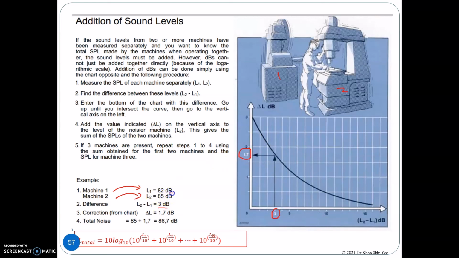Therefore, you take the largest value plus the 1.7, which gives you the total noise produced by machine 1 and 2, equal to 86.7 dB. If you use this formula to compute the summation of the sound pressure level, letting L1 equal 82 and L2 equal 85, then you obtain the total sound pressure level to be this answer as well.